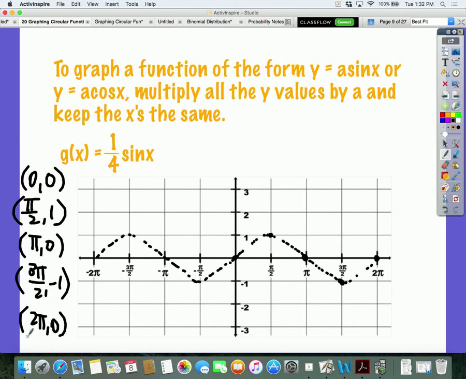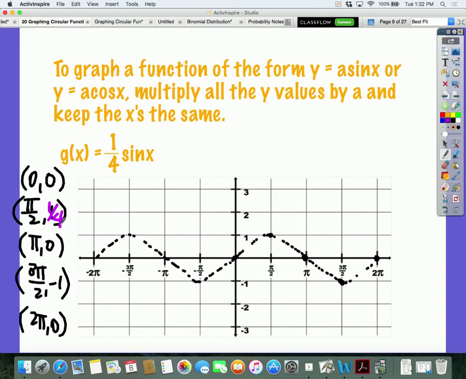So to graph 1/4 sine x, we're going to multiply all of your y's by 1/4. So this 0, 0 is going to stay 0, 0 because 0 times 1/4 is 0. But this pi over 2, 1 is going to turn to pi over 2, 1/4.